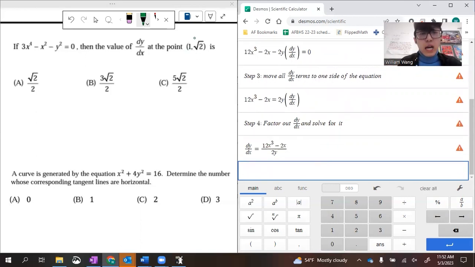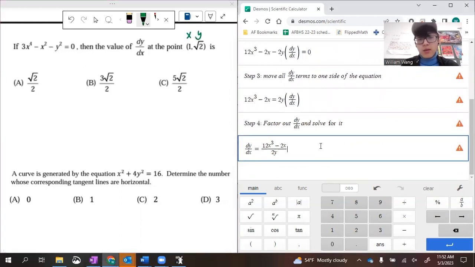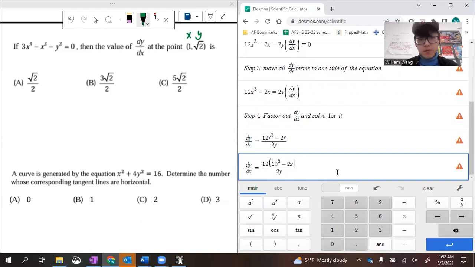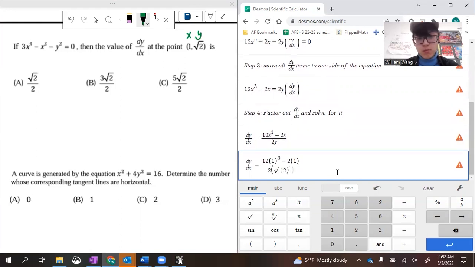At the point 1 comma root 2, so x, y, that means I have to plug in those values. So let's actually plug those in. X is 1, so it's 12 times 1 cubed, minus 2 times 1, over 2 times square root 2.